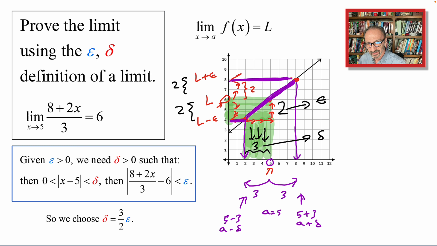But if you notice that 2 is the rise of the triangle, and 3 is the run of the triangle. But in this case, that is my slope. My slope for this equation is 2 over 3, and I have m in this case equals 2 over 3.